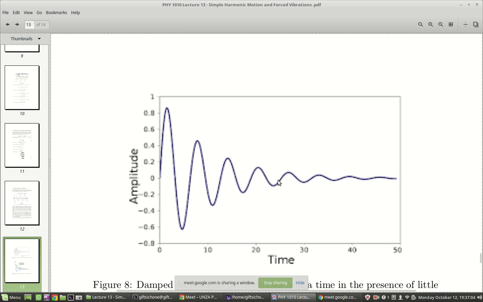The fact that potential energy is being eaten means that the mass can no longer go to the previous amplitude. So as time goes by, the amplitude to which the mass can actually go is going to reduce. This kind of motion, where there is friction, is what is known as damped vibrations.